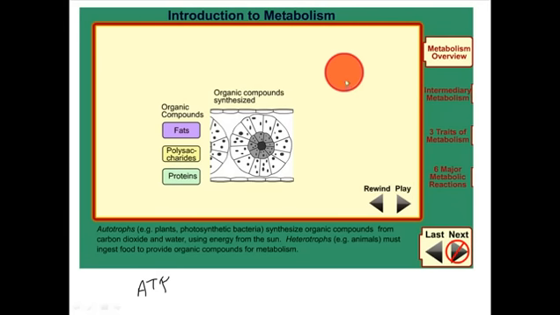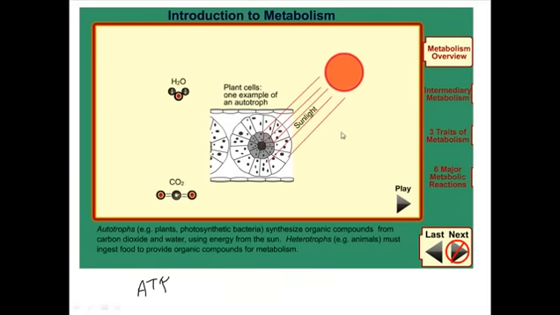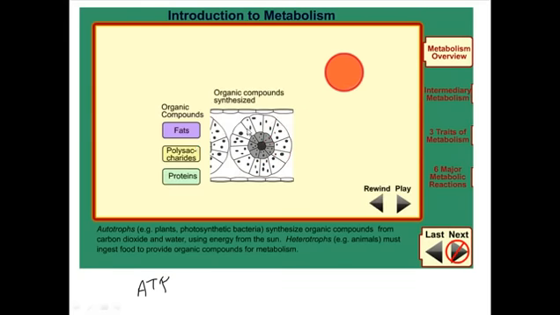Okay, so that's what the sun is doing. The sun is giving the energy, this photon, and the cell uses that. It takes carbon dioxide and water and forms these molecules. And why are they forming these molecules? Because these molecules have the energy which came first to the cell. So these molecules are filled with those energies.